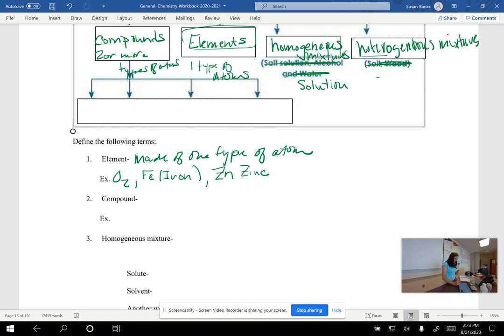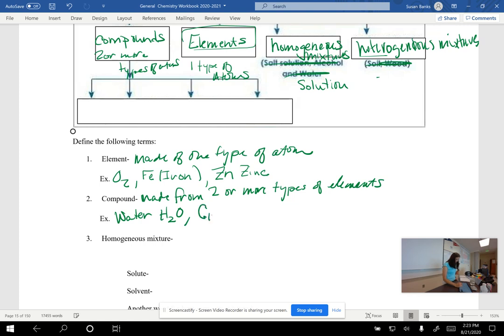A compound is also pure, but it's made from two or more types of elements. So an example like that would be water. Water is made out of two hydrogen atoms and one oxygen atom. Another good example of that would be sugar.